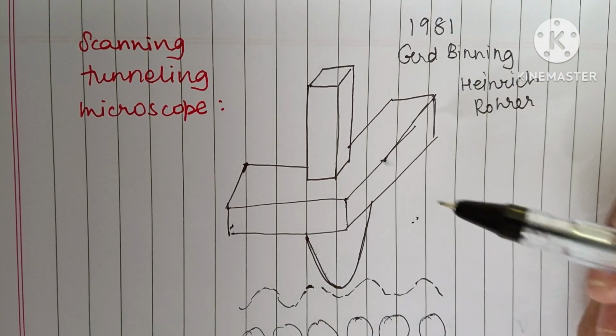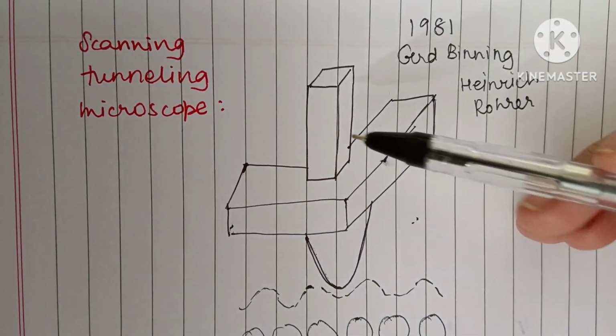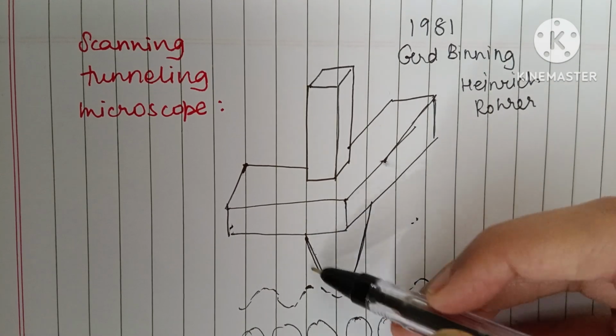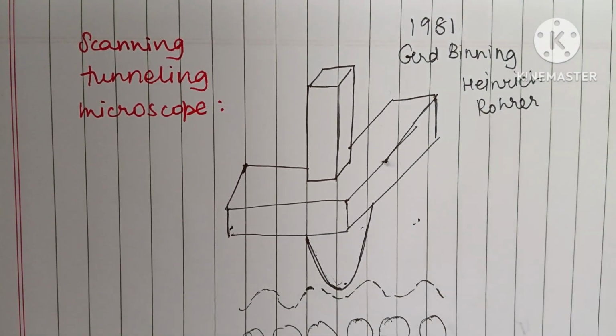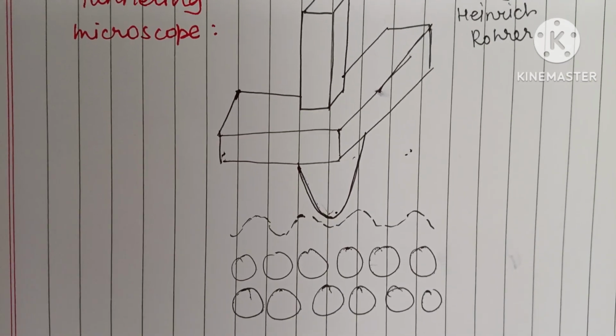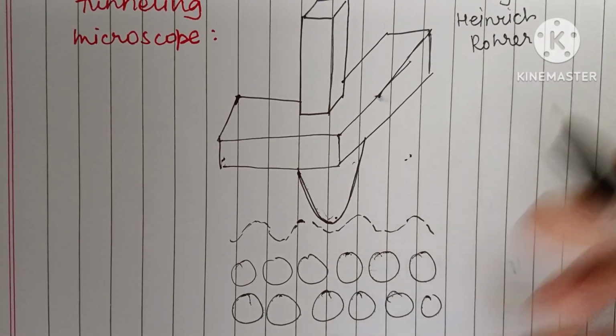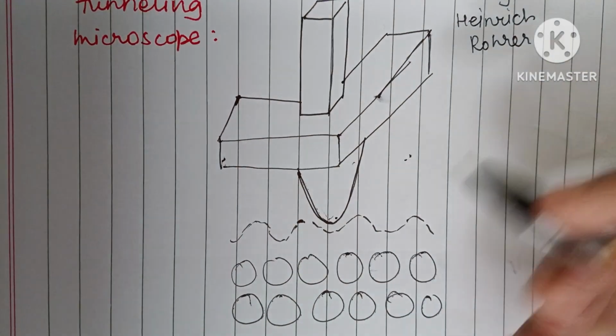The scanning tunneling microscope consists of an electrically conducting probe with a very sharp edge, and it is brought near the surface of a material to study the material.